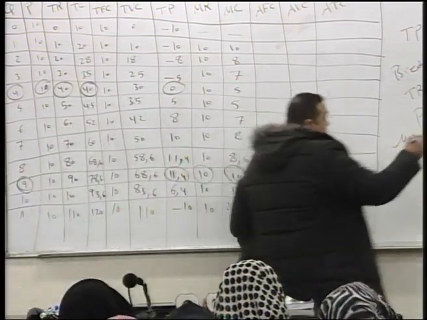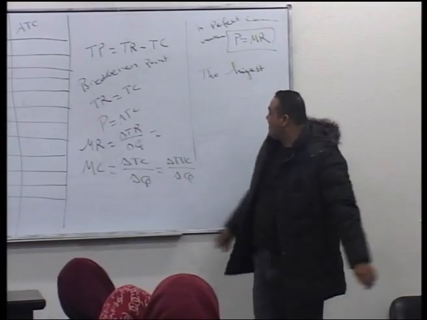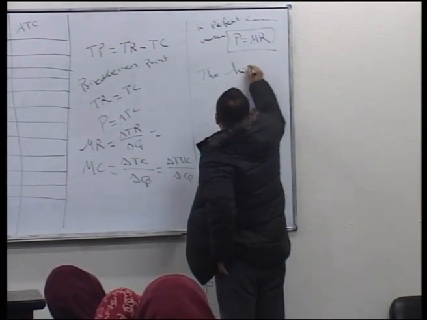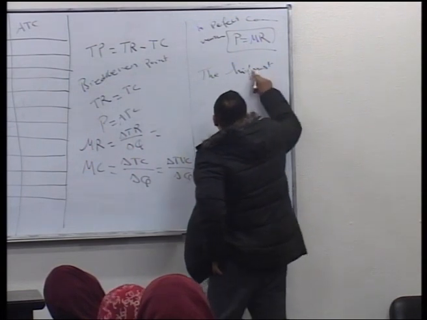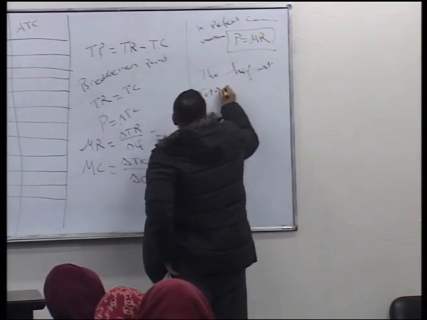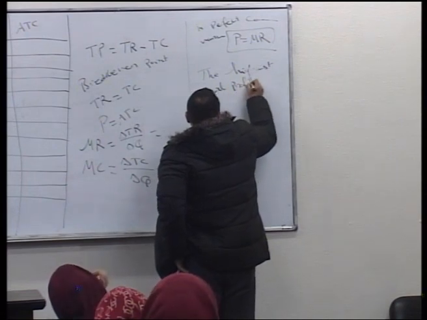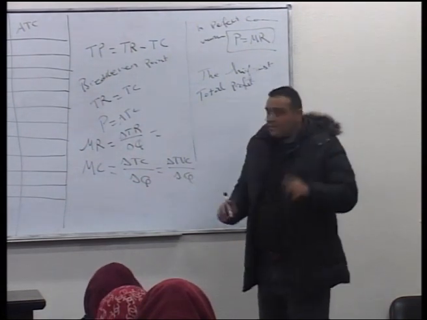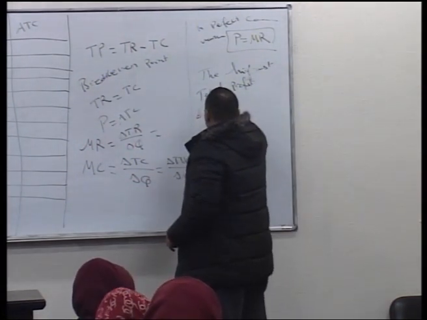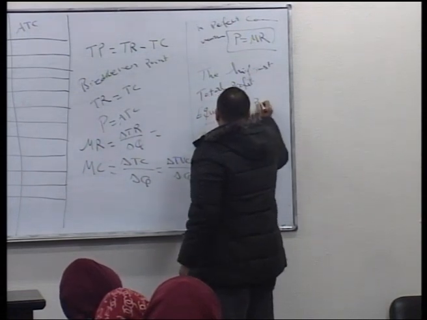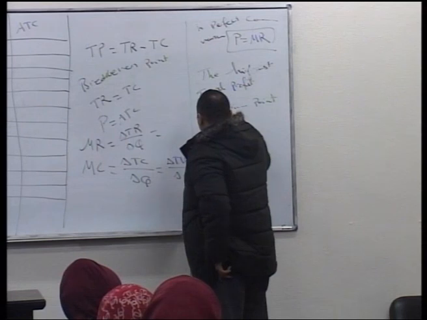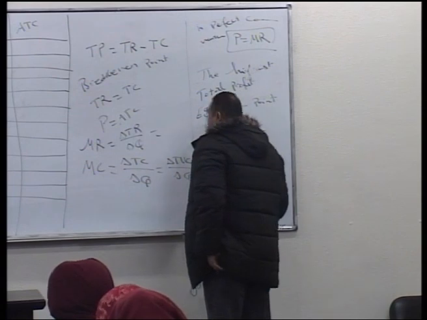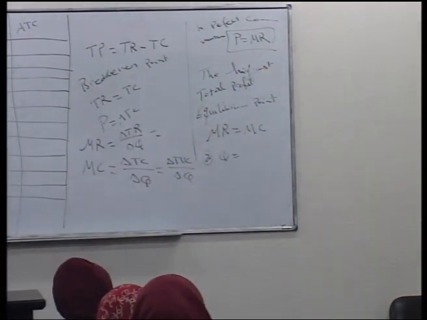Where does it occur? It is called the equilibrium point, the best point. This is the equilibrium point, at marginal revenue equals marginal cost, at Q equals how much? 9 units.